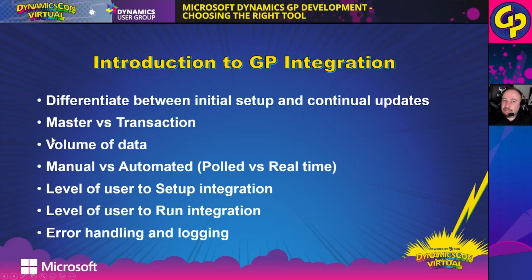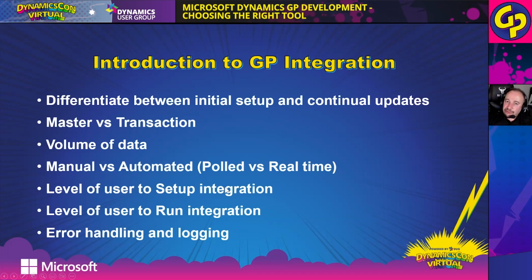Is this going to be a manual process where I start it manually, or is it going to be automated? And if it's automated, how fast does it need to happen? Can I poll every hour or every so many minutes, or does it actually have to be real time? What is the level of user who's going to be setting this up? Is it going to be a power user, or is it going to be a developer?